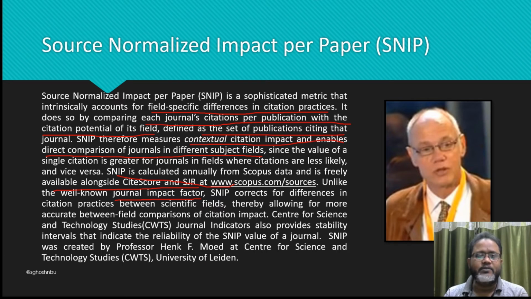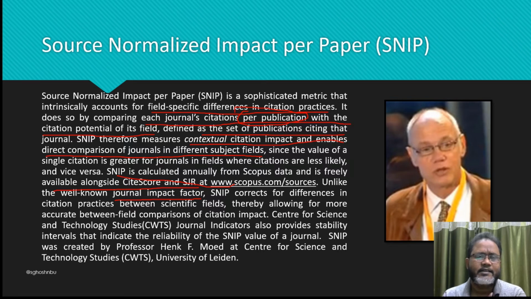Now see, in physics and in sociology, obviously there will be some differences, because in more dynamic subjects there will be more papers, while more theoretical, cognitive subjects will have fewer papers and fewer citations. It does so by comparing each journal's citations per publication, whereas previously publications were not considered per publication, with the citation potential in its field defined as a set of publications citing that journal.